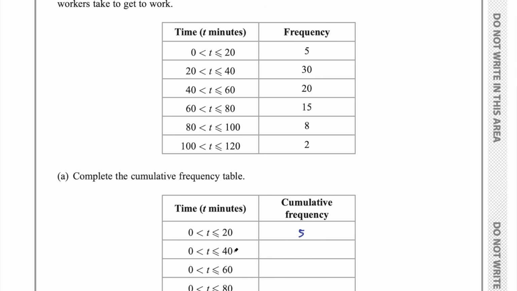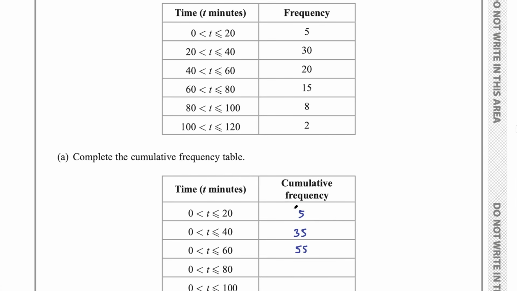And then the frequency here from 0 to 40, the cumulative frequency is 35. Then add the 20 on to 35, we get 55. So you can see we're taking the total up to this time, 60. And then we add the 15 on to 55.